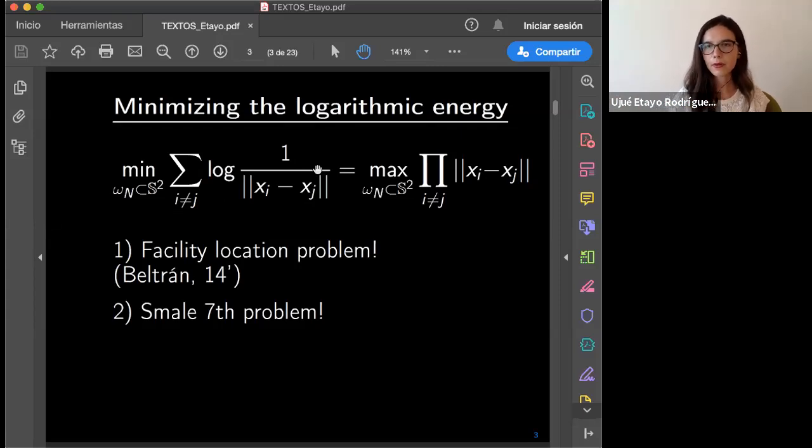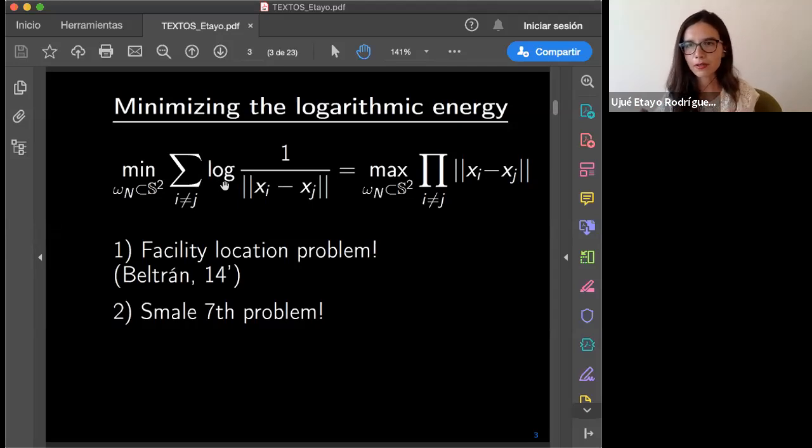And another problem related to this is, what is actually the value of the minimal logarithmic energy? Of course, if I answer the first one, I can answer the second one. If I know where the minimizer should be placed, then I just have to compute the logarithm of the distance of the points, and I know the value of the minimal logarithmic energy.